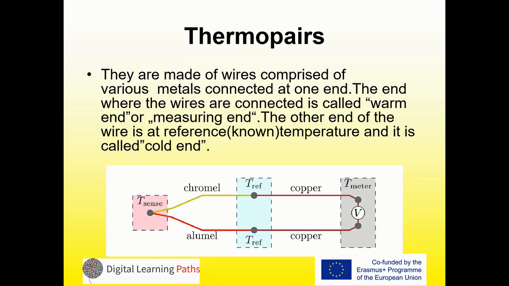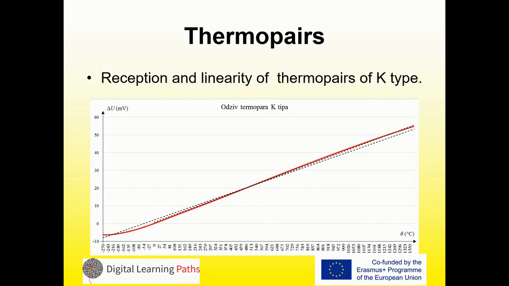The end where the wires are connected is called the warm end or measuring end. The other end of the wire is at reference temperature and it is called the cold end. Thermopairs or thermocouples. In this figure you can see the reception and linearity of thermopairs of K-type.